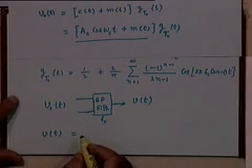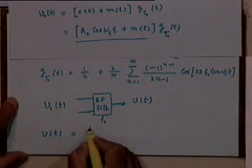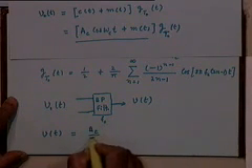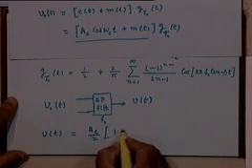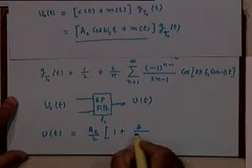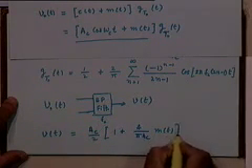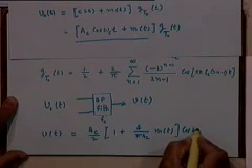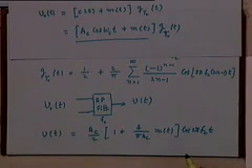So the final output v(t) would therefore be nothing but, you can write this as A_c by 2, I am just writing these two components, into 1 plus 4 by pi A_c m(t) into cosine 2 pi f_c t, which is your desired modulated signal.